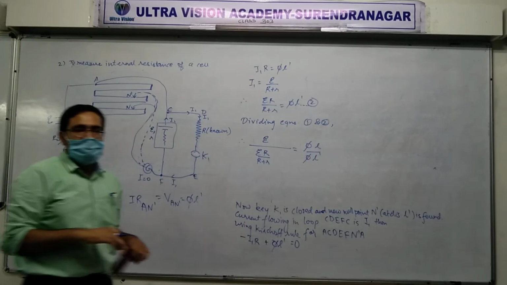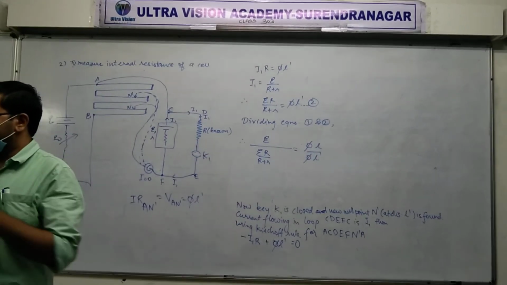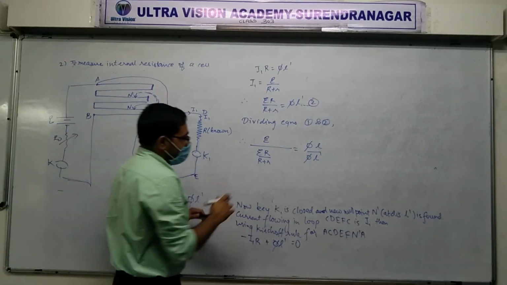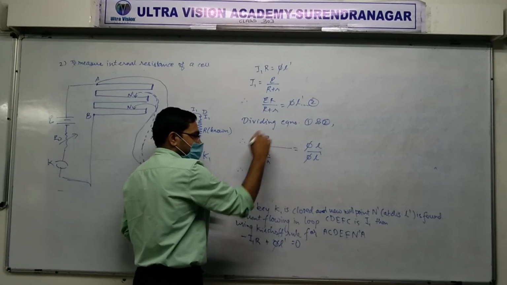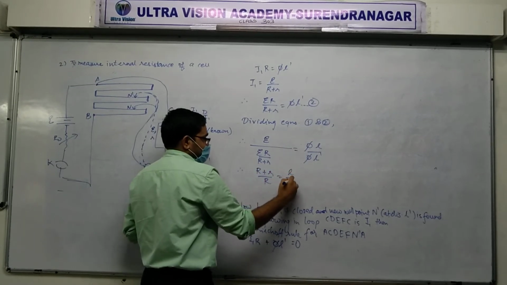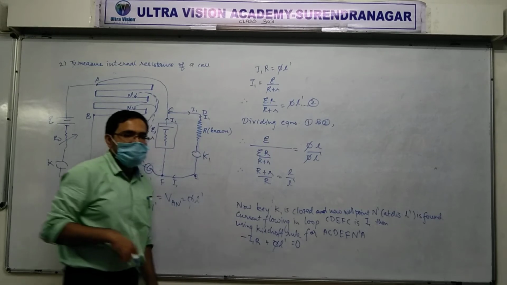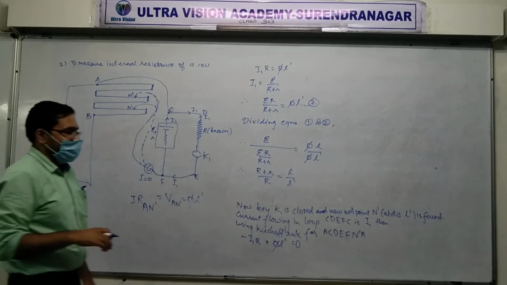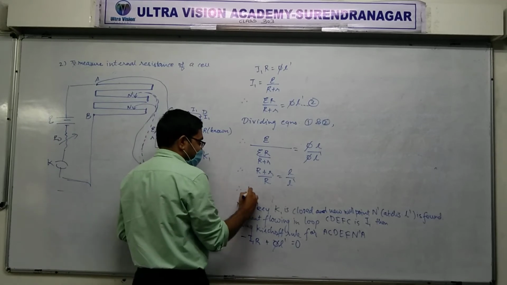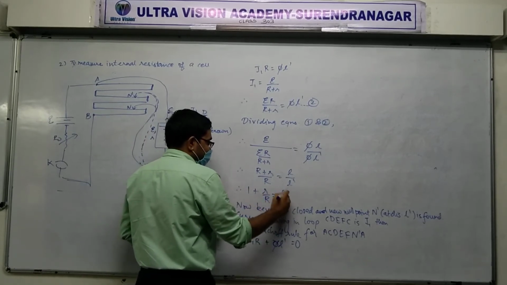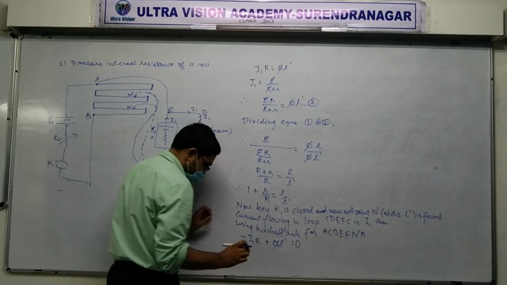Everything clear over here? Splitting the numerator: 1 plus small r upon capital R equal to L upon L dash.